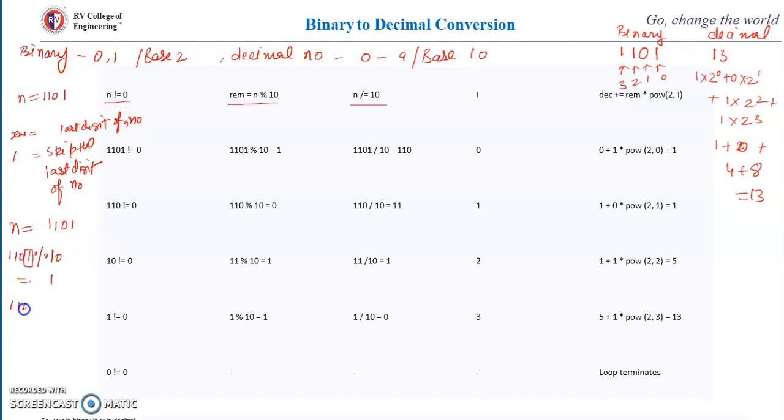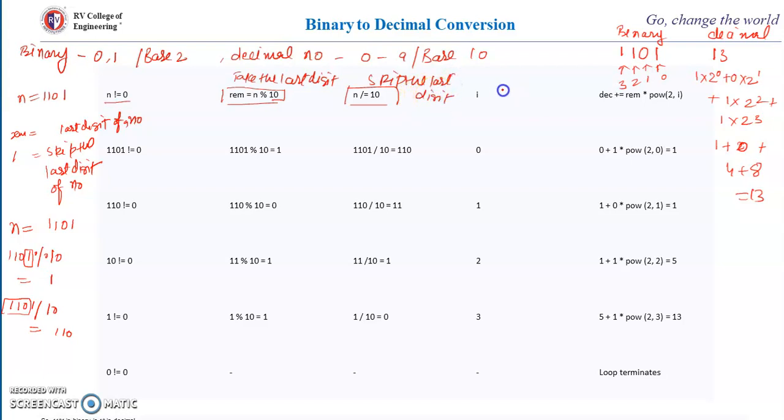When I say 1101 divided by 10, here I am seeing the quotient, so the quotient I get is 110. Here you can see the last digit has been skipped. So the remainder operation is performed to take the last digit, and the division operation is performed to skip the last digit.